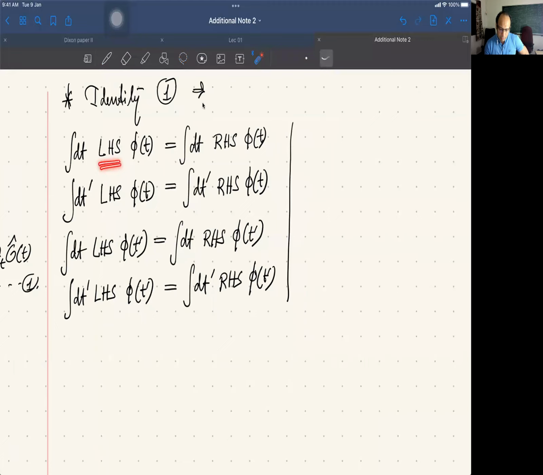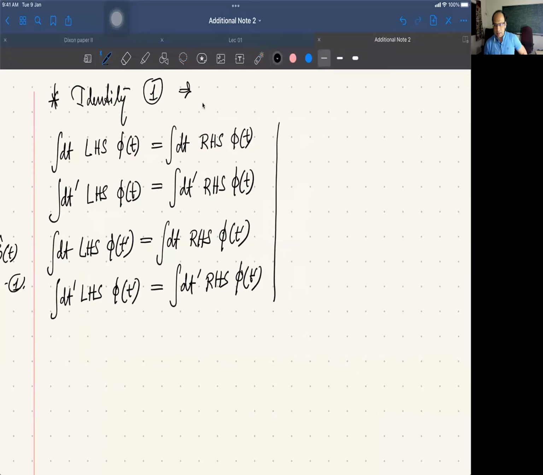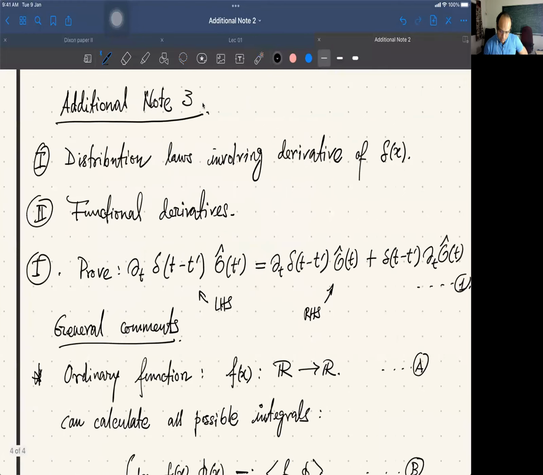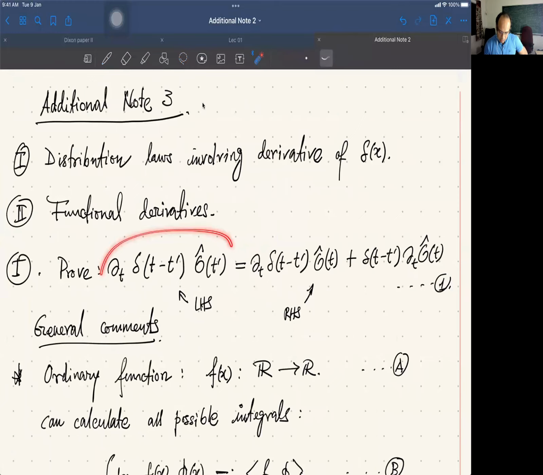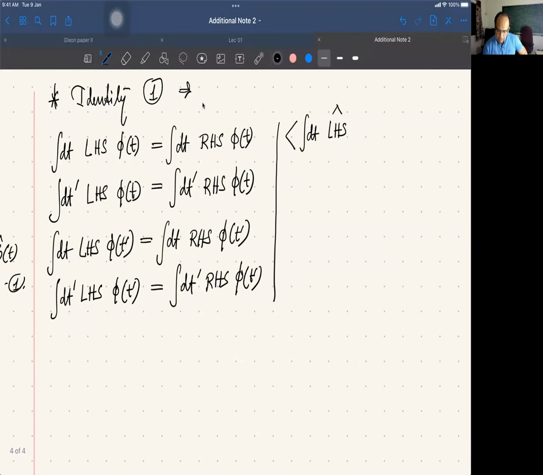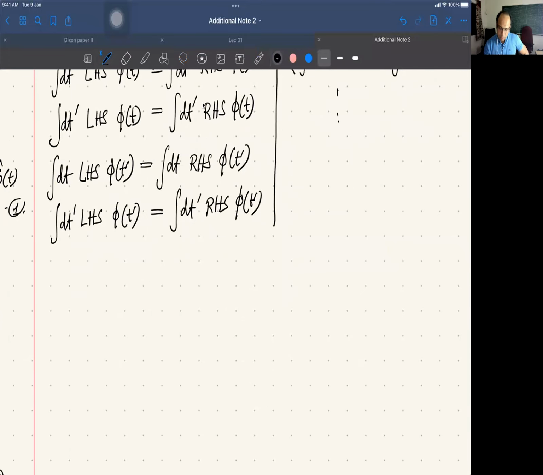So your LHS is an operator, RHS is an operator. Multiply with phi hat of t, and then take the expectation value. So it will mean integral dt LHS operator phi hat of t is equal to integral dt RHS operator phi hat of t. So you can view it this way. This is the operator version of that, and so on for all the others.